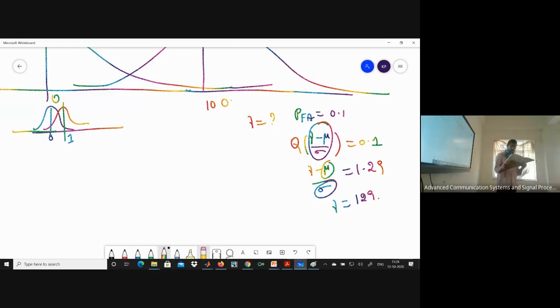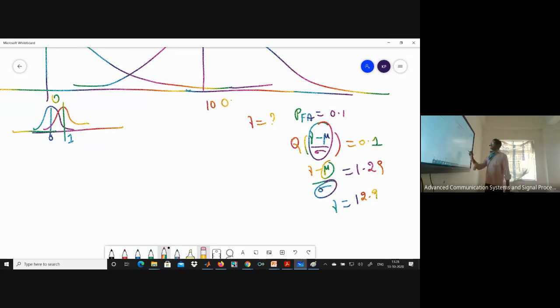But if sigma is the variance, that should be 12.9. Do you agree with this point?